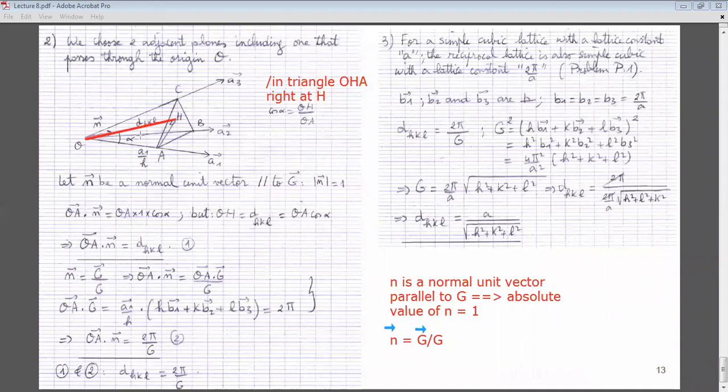It is OH divided by the hypotenuse, which is OA. So cosine alpha is OH over OA.